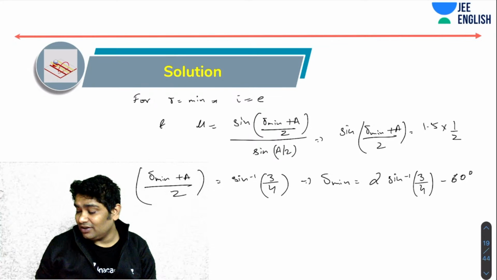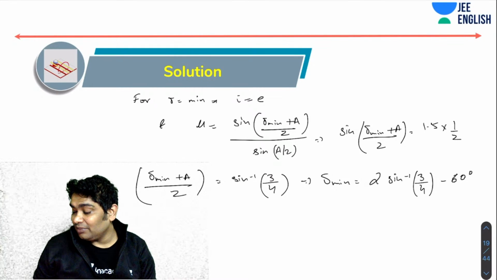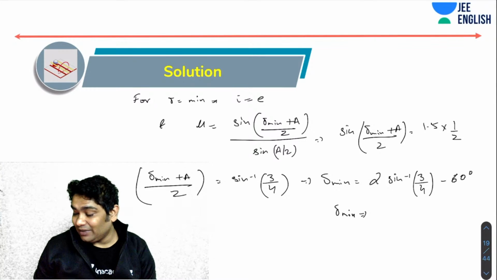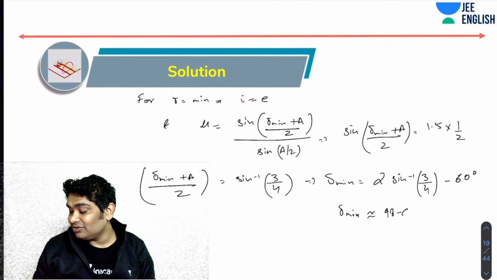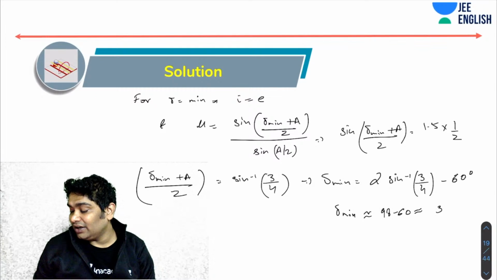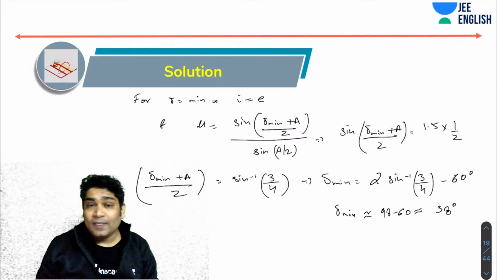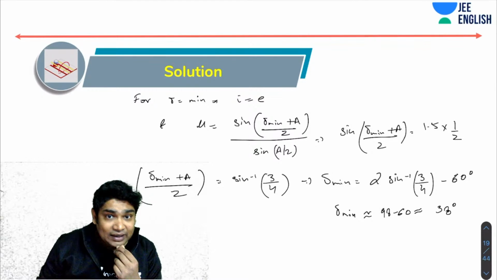Even if I put it, delta min from here would be equal to 98 minus, close to 88 minus 60. So roughly around 38. Okay, so that is how I would have found my delta min.